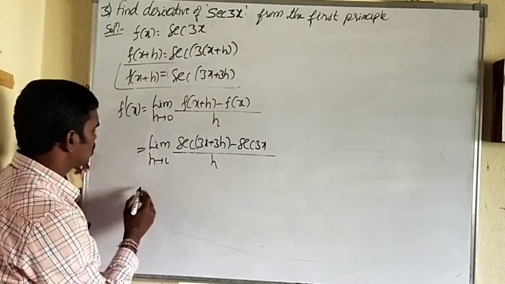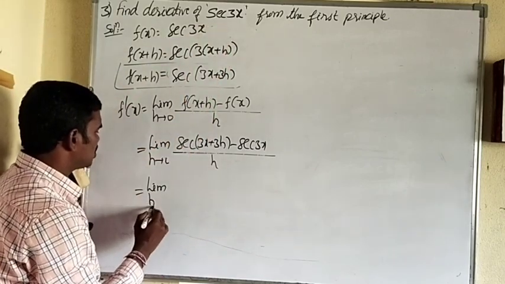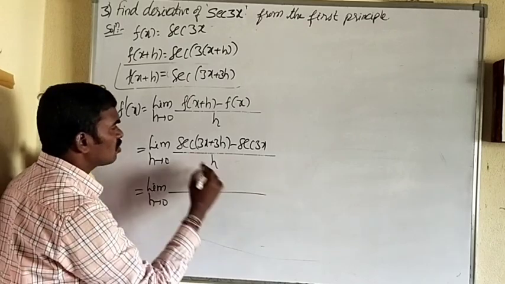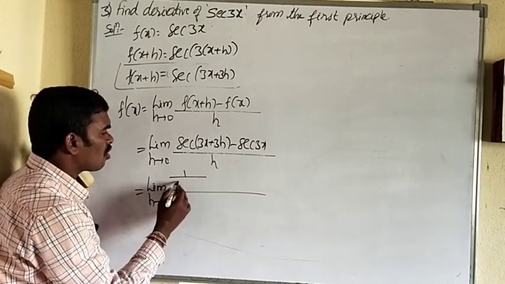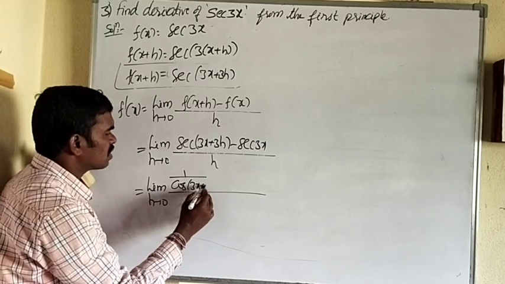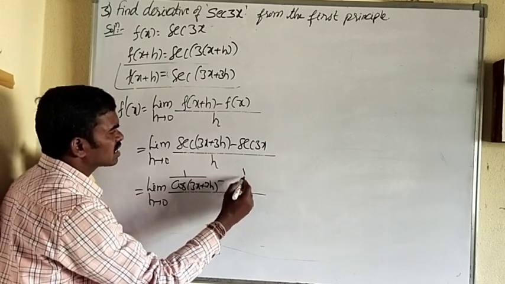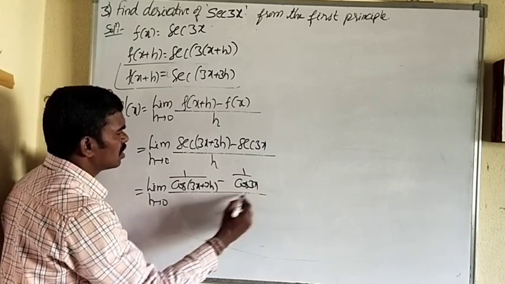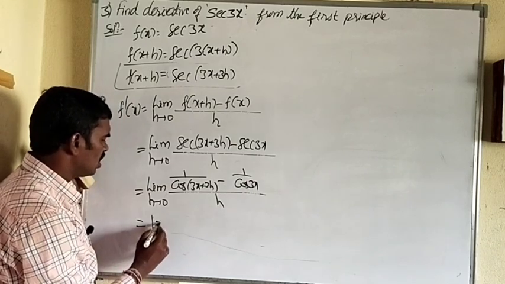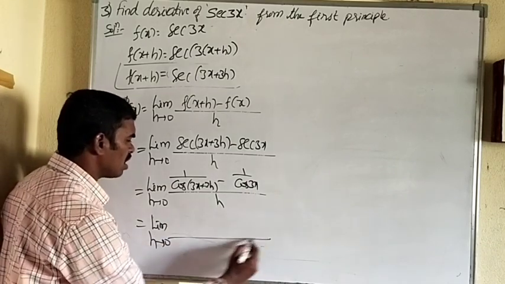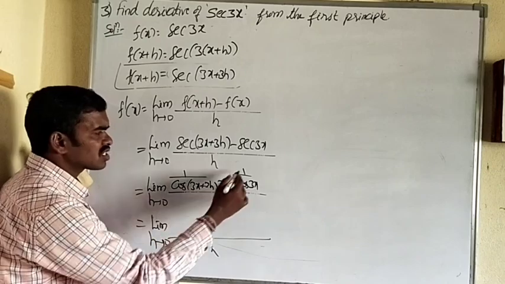So limit h tends to 0. Now tell me, sec x means what? 1 by cos x. So 1 by cos of 3x plus 3h minus secant 3x, which is 1 by cos 3x, all by h as it is. So limit h tends to 0 by h. See, 1 by cos, 1 by cos.